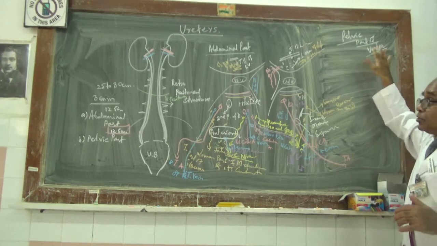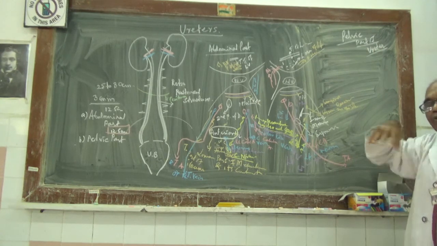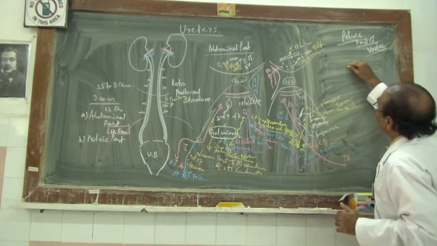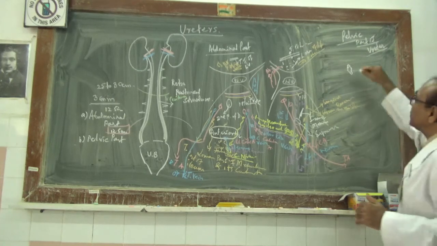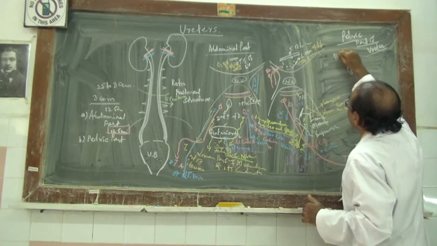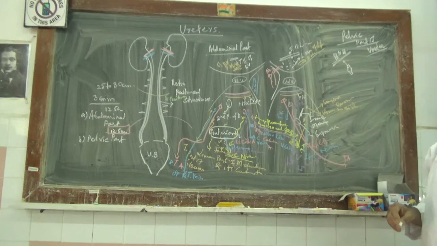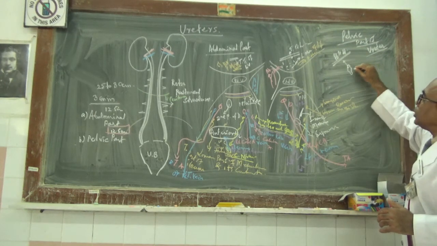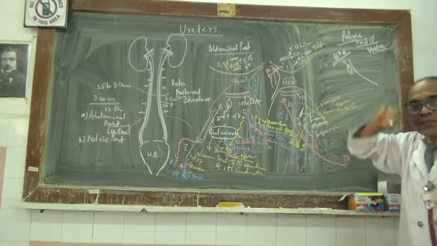So this is the pelvic part of the ureter. Now the relations in male and in female. If it is the pelvic part of the ureter, either right or left, it will have relations posterolaterally and posteriorly.